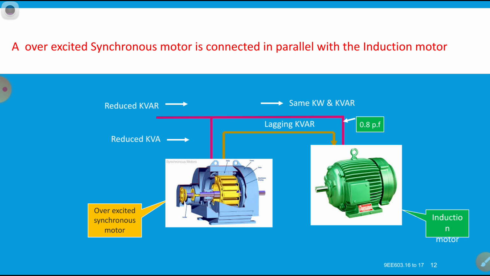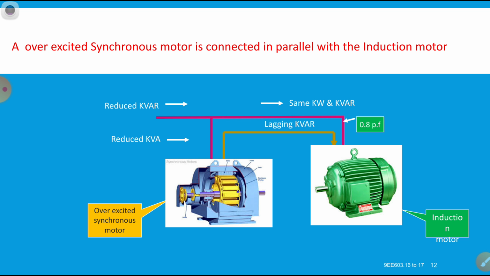If a synchronous motor is connected in parallel, operated with no load and with over-excitation, it will generate reactive power that is supplied to the local motors. So, due to this, what will happen? The burden on the transmission lines is reduced.